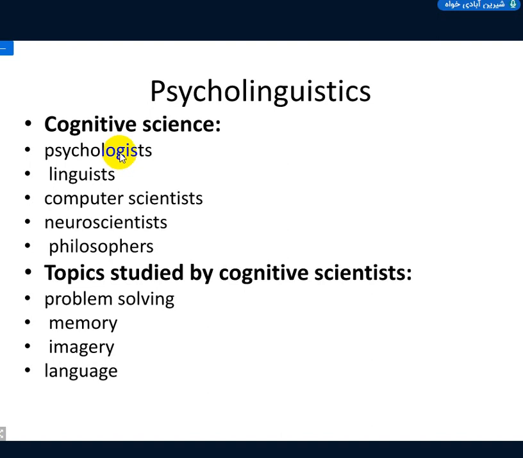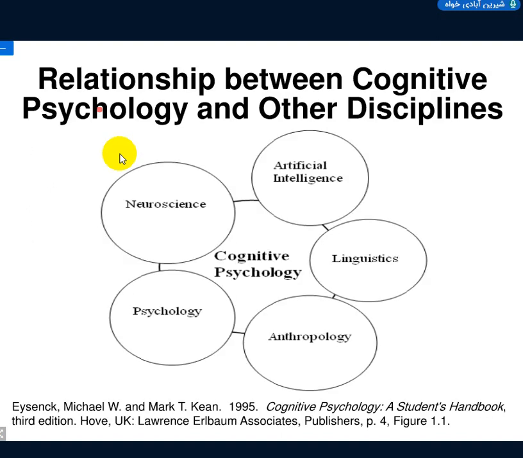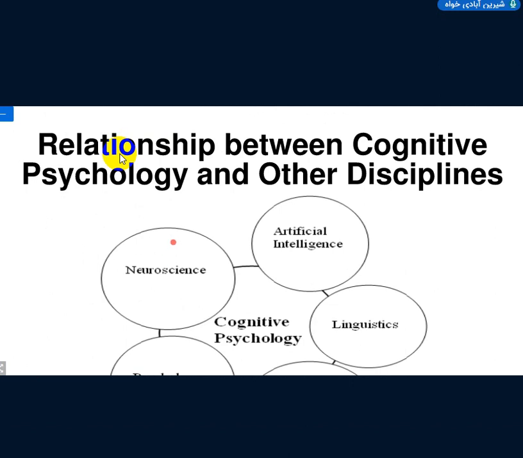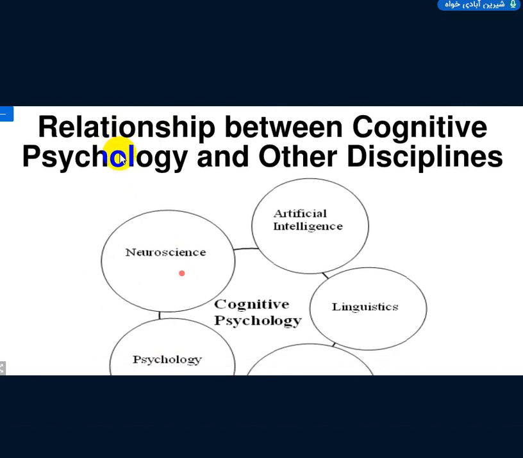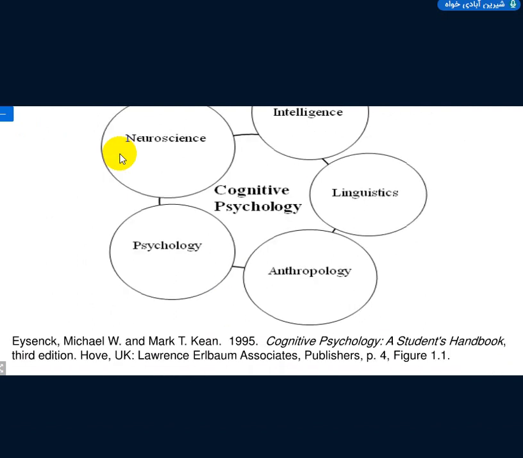The topics studied by cognitive scientists include problem solving, memory, imagery, and language. Language is the common subject studied by cognitive scientists, psycholinguists and linguists. Here again, you can see a more extended relationship between cognitive psychology and other disciplines. We have different disciplines here.